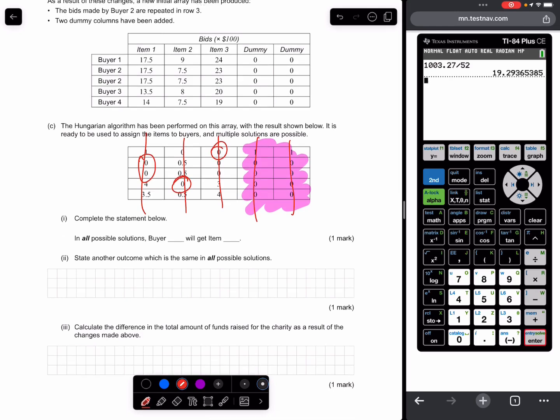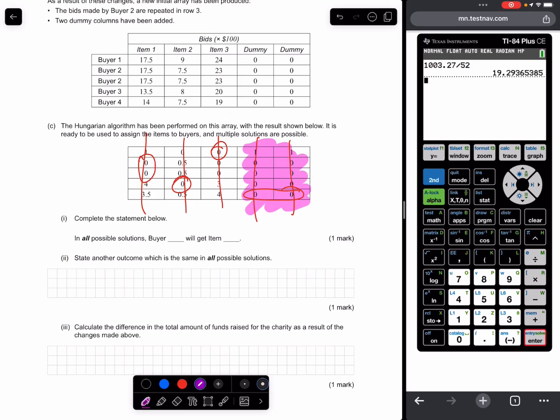So in all possible solutions, what can we see? In all possible solutions, buyer 1 will get item 3. That's definite. That's not one of the multiple optimal solutions, because the multiple possibilities are in the dummy links.